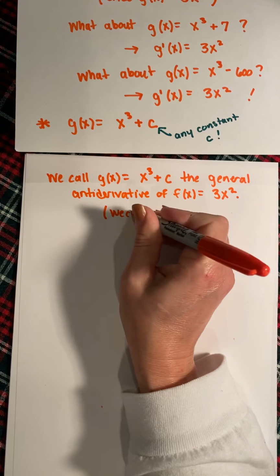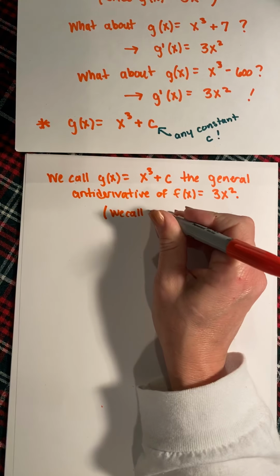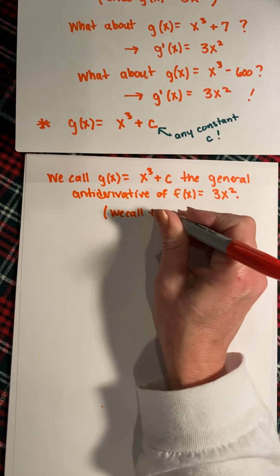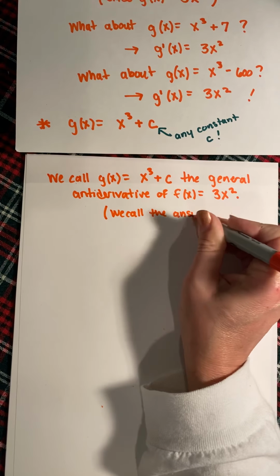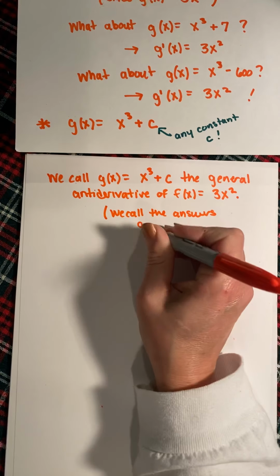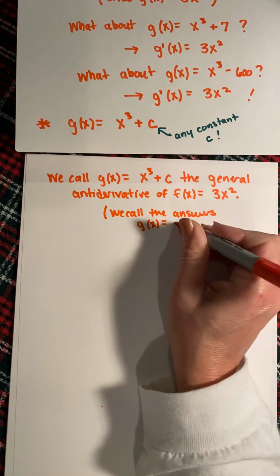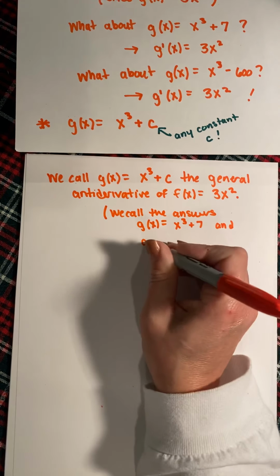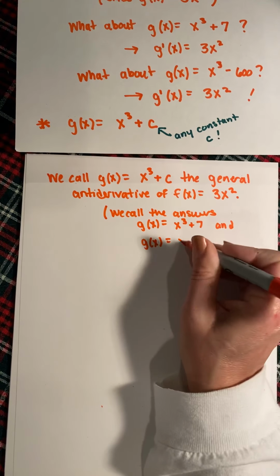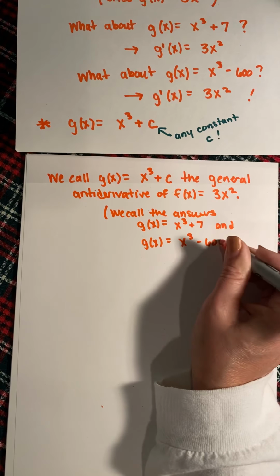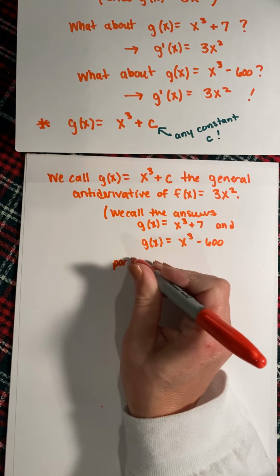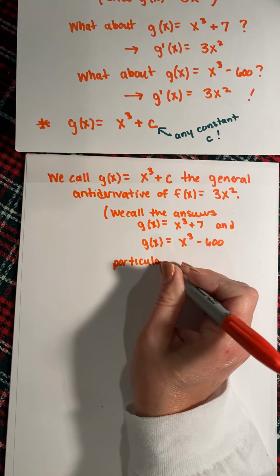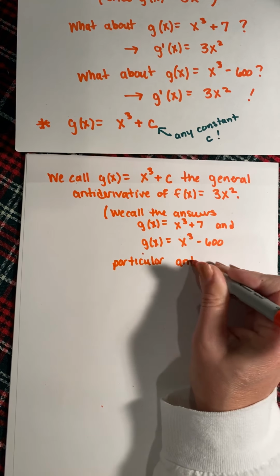We call the answers g of x equals x cubed plus 7 and g of x equals x cubed minus 600 particular solutions, or particular antiderivatives.